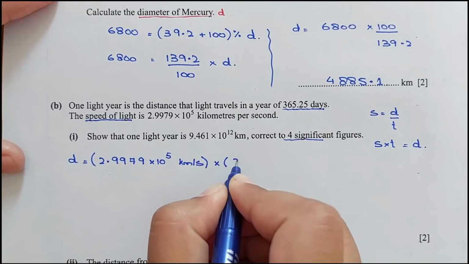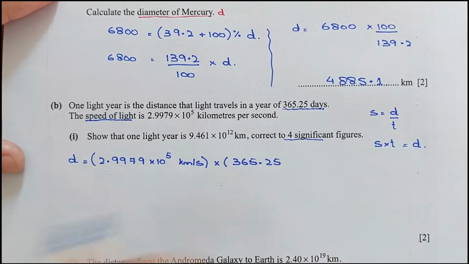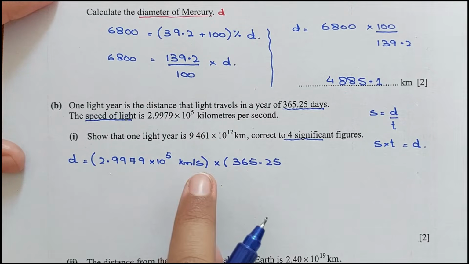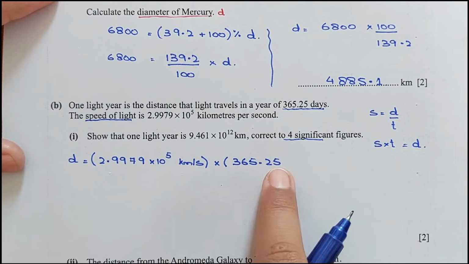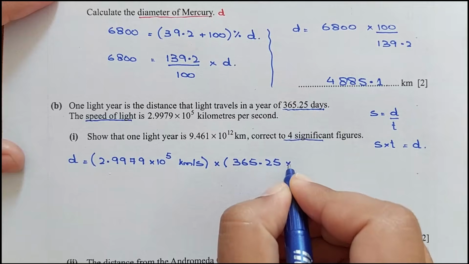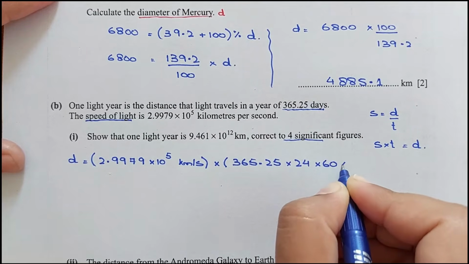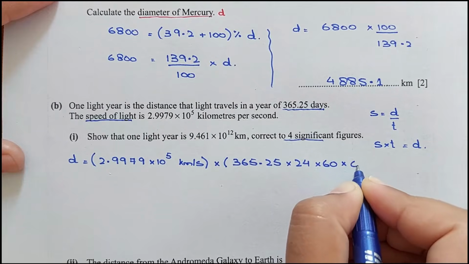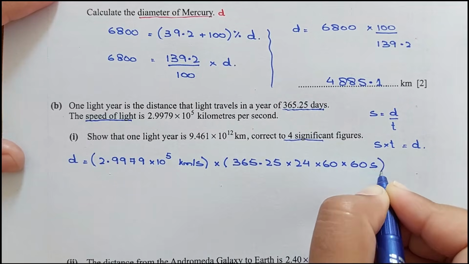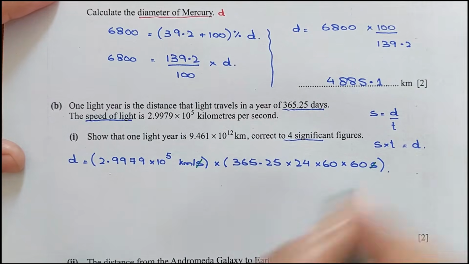Time is 365.25 days, but we have to find the time in terms of seconds to cancel this second. So this is in days, so convert days into hours. 1 day has 24 hours. 1 hour has 60 minutes. 1 minute has 60 seconds. So this is in seconds. So we can cancel the seconds with seconds.